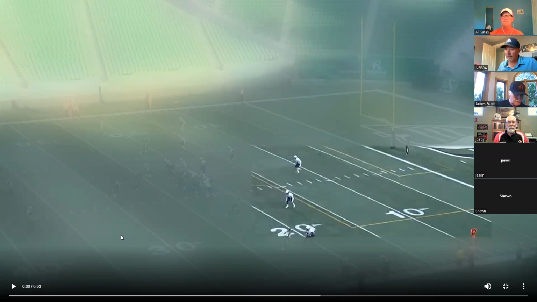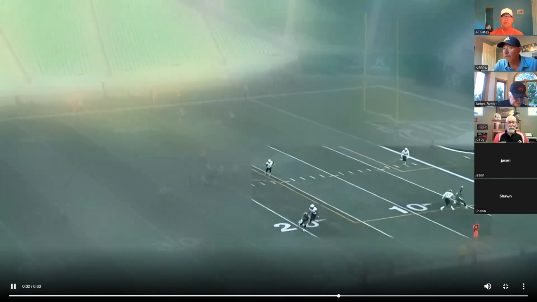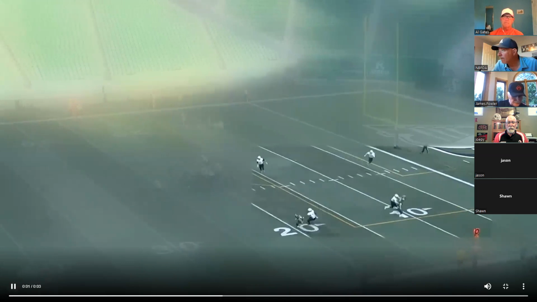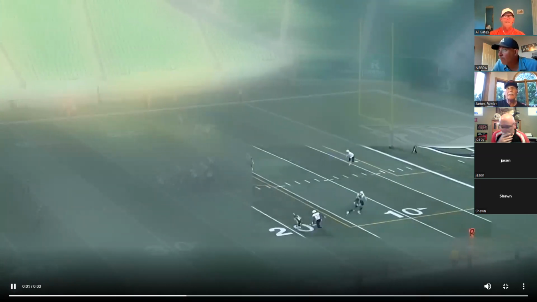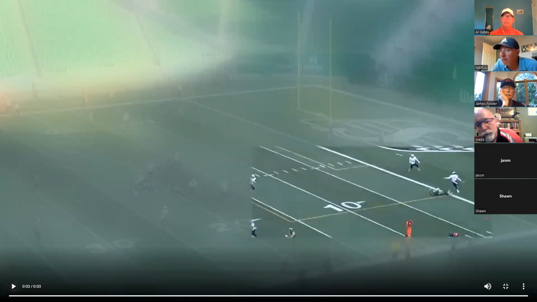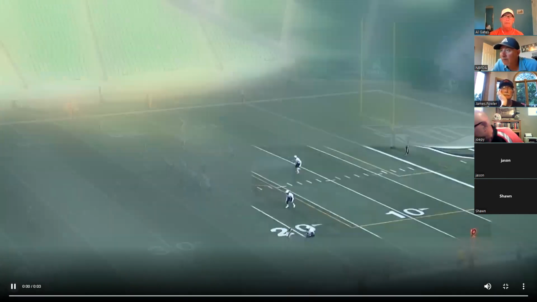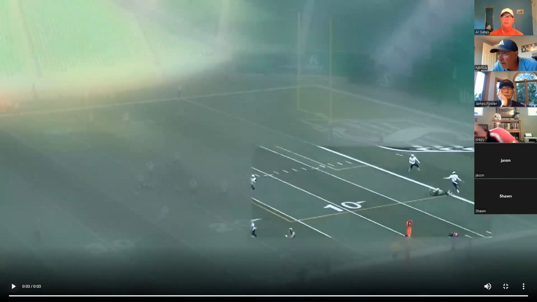I don't know if I like the image of this video already. It's sort of different, isn't it? There he is right there at the 10-yard line. This is a terrible video clip. There he is, right there. But where's the ball? Quarterback still has the ball.